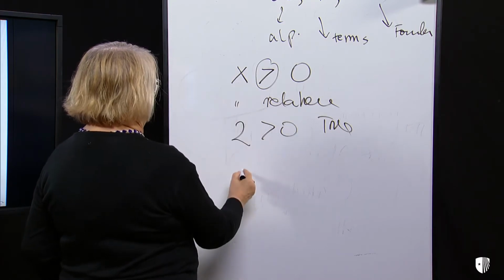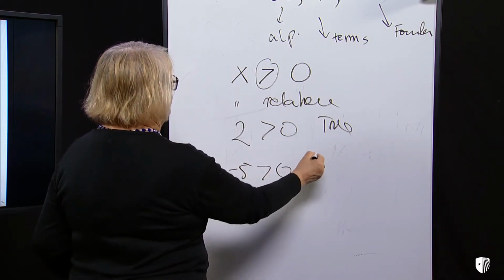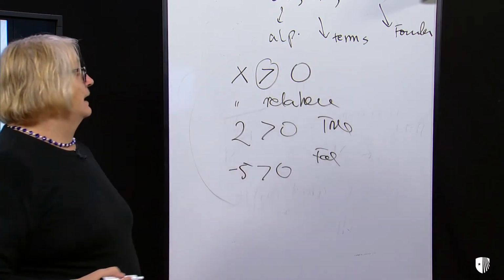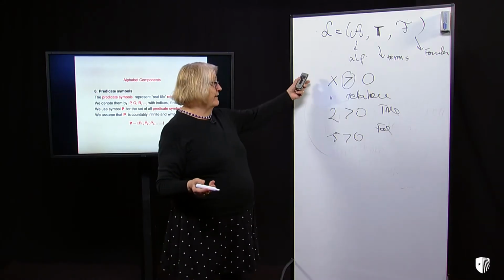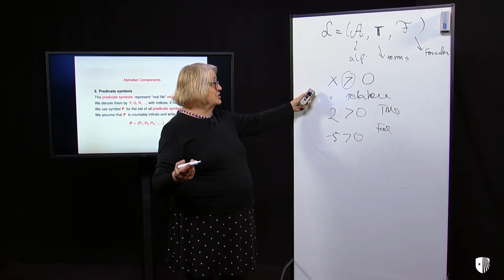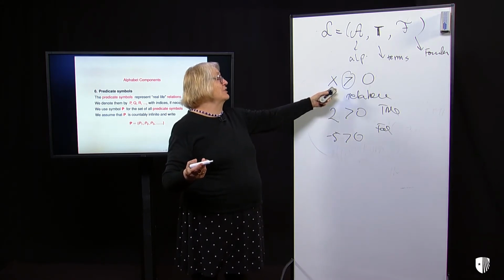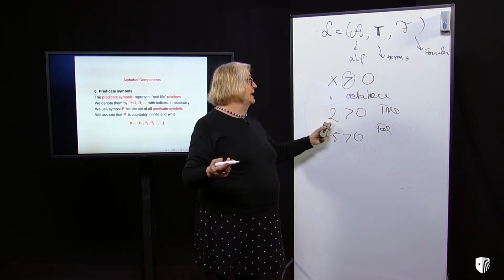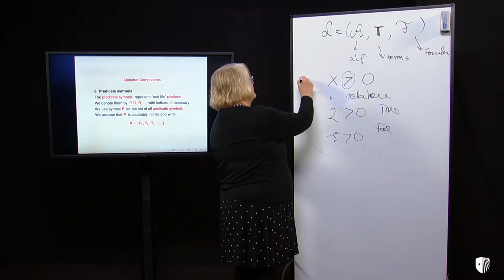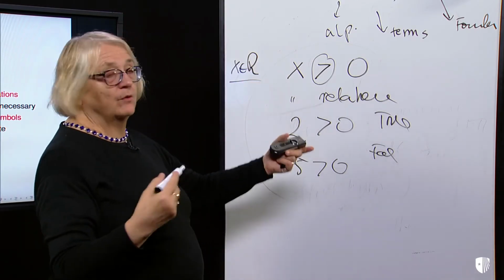And if x equals minus 5, that would be false. So this is how you have variables in mathematics and relations. For certain variables, that relation holds between certain elements. So let's say that x is, for example, a real number.